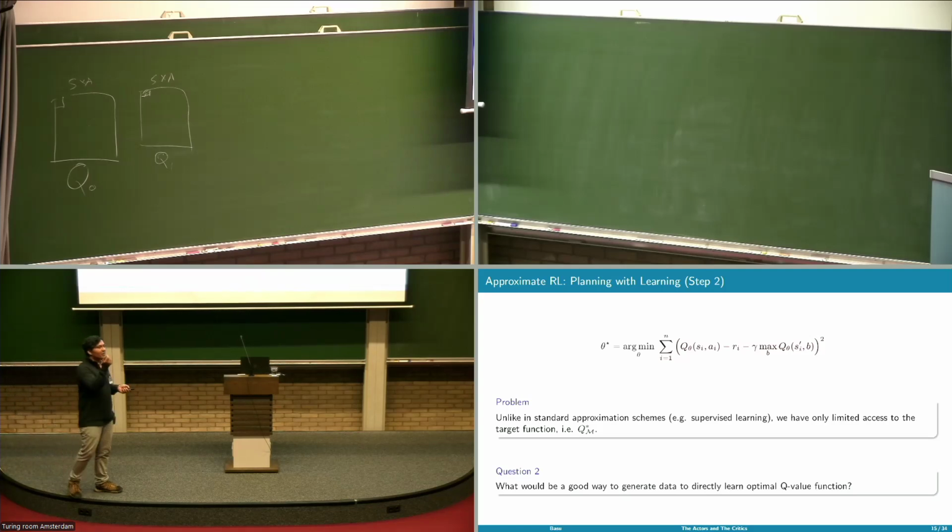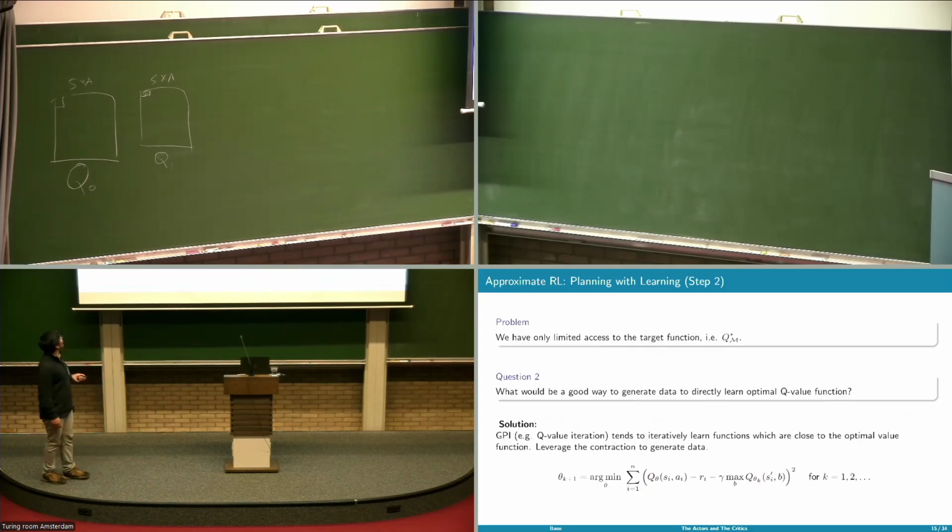If I apply the optimal Bellman operator on Qk, I get Qk plus 1, and it is a contraction. So when I apply this Bellman operator, I put a Qk there, and the theta I'm trying to find out is the theta of the next step. I take motivation from GPI, I put a theta k in here, because on that we put the optimal Bellman operator, and we are trying to estimate the next one, which is theta k plus 1.